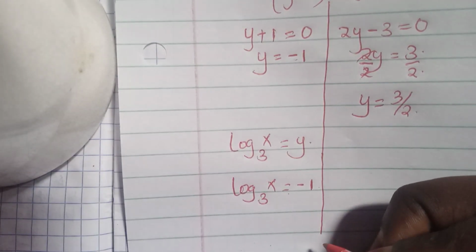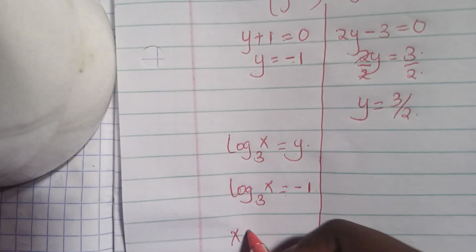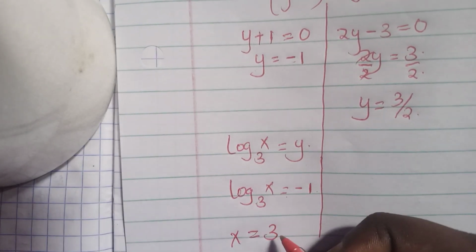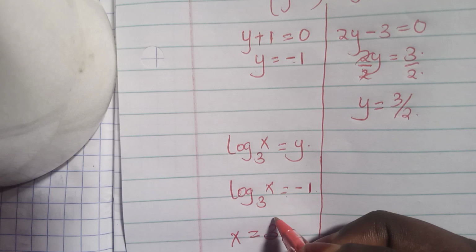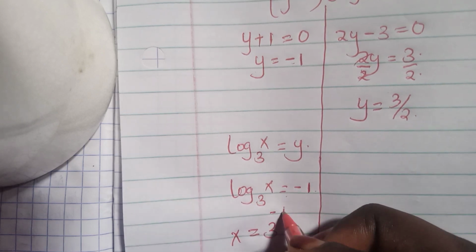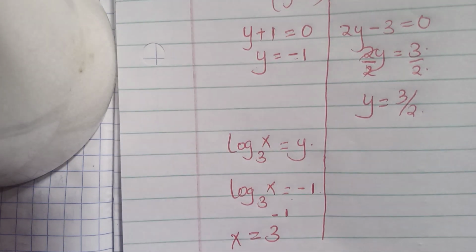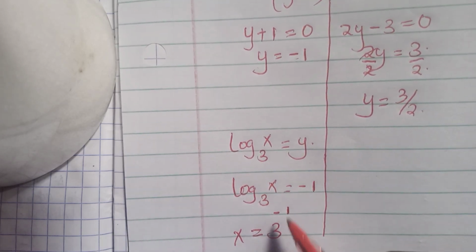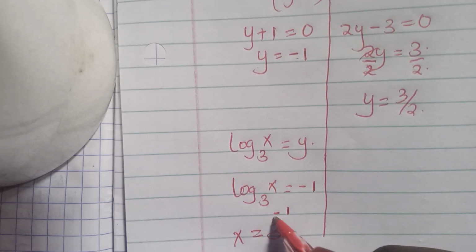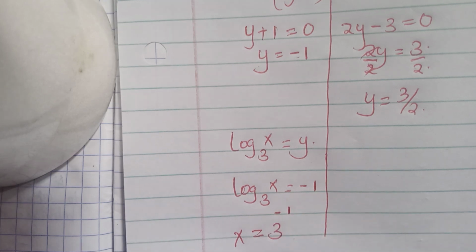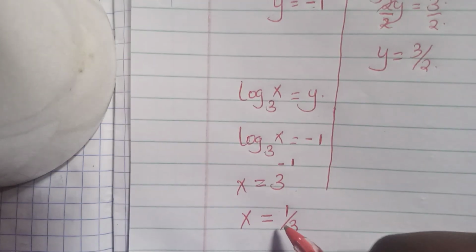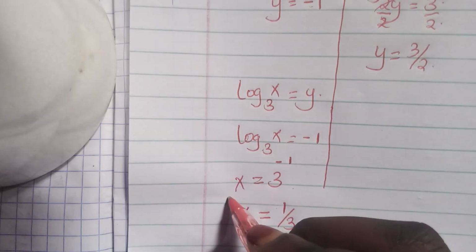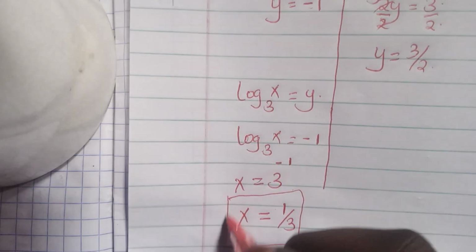So this means that x is equal to 3 to the power of -1. We can as well write it as x is equal to a third. So we've solved for the value of x.